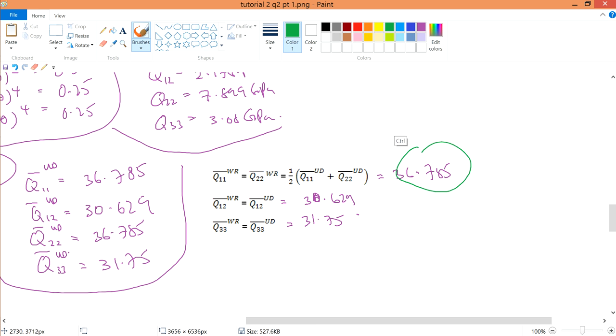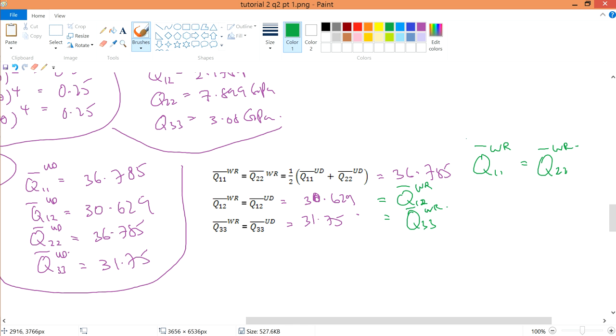So these are the values. This is our Q11 bar WR equal to Q22 bar WR, to be clearer. I hope that you see the different methods and techniques in applying all these formulas.